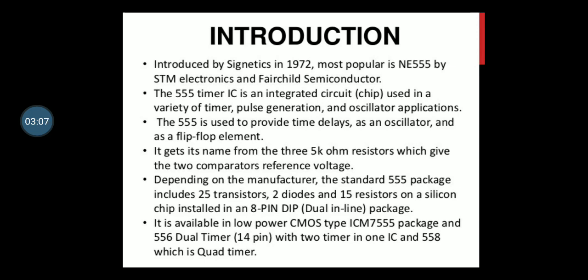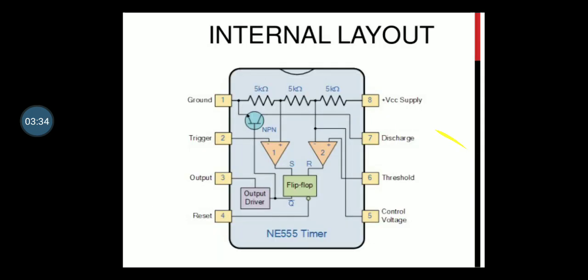Because of the wide range of supply voltages, the 555 timer is versatile and easy to use in various applications. The applications of the 555 timer include oscillator, pulse generator, ramp and square wave generator, monoshot multivibrator, burglar alarm, traffic light control, voltage monitor, etc.